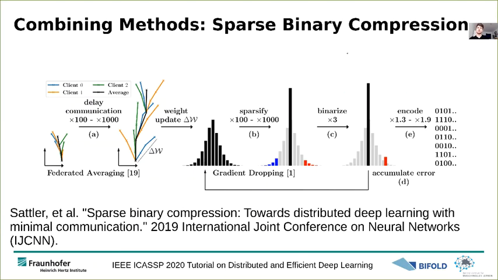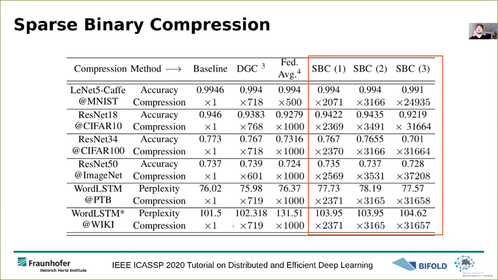We put all of this together and ran it, and we were really amazed by the results. Here in this table you can see different neural networks trained on different data sets, up to ImageNet scale with really state-of-the-art networks, at least at the time.